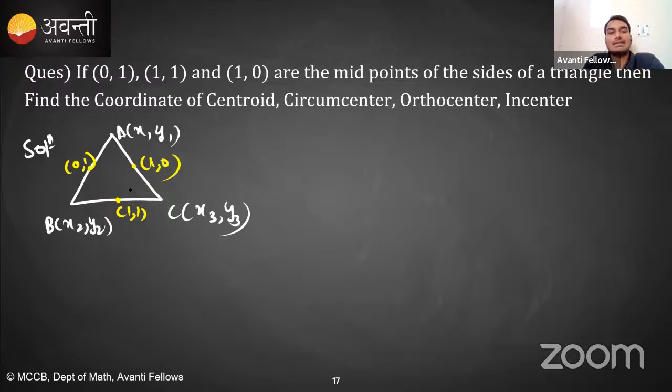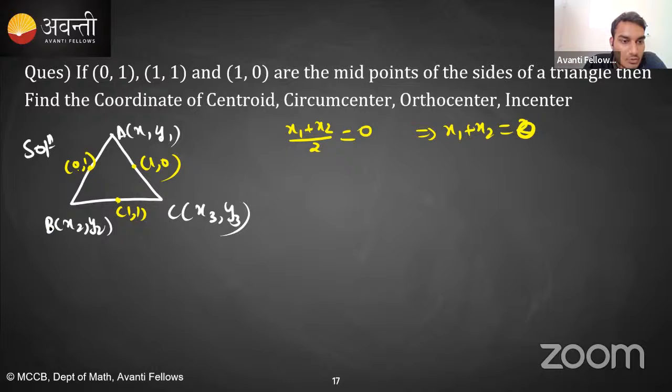Again, the midpoints are given, so (x1 + x2)/2 is the x coordinate, which is 0. So x1 + x2 is equal to 0.